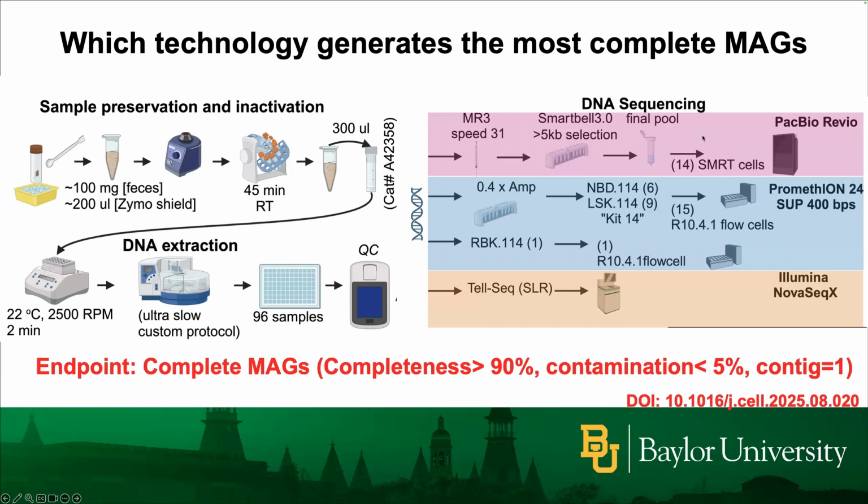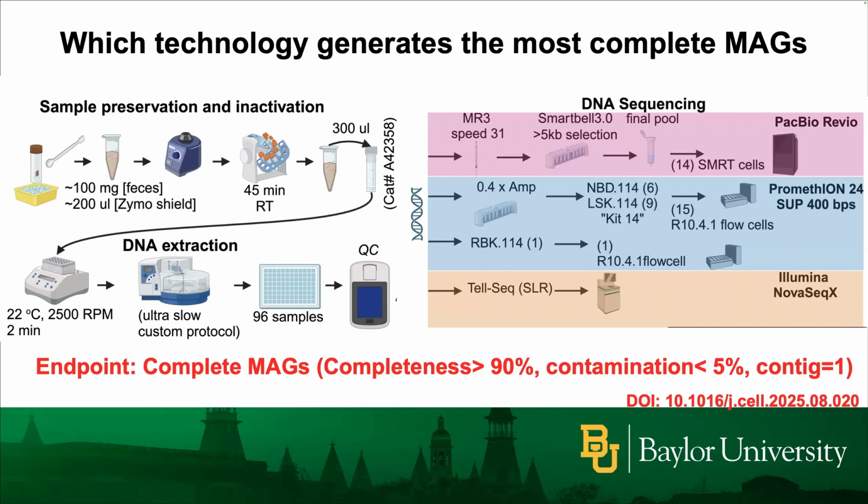So the SMRTbell 3.0 kit using Megaruptor to shear, and then onto the PacBio Revio, a total of 14 runs, and then also using the Promethean with, at the time, the highest accuracy base calling, and also with the R10.4.1 flow cells and the K14 chemistry, which has the boosted accuracy.